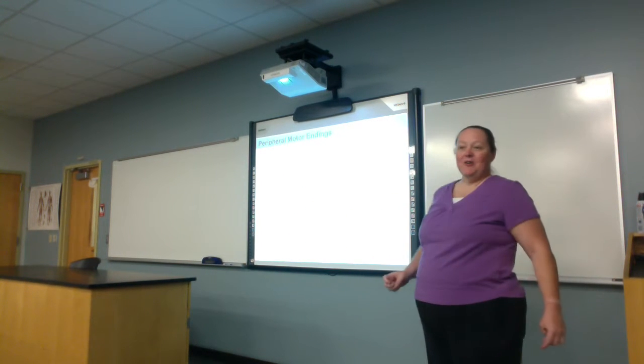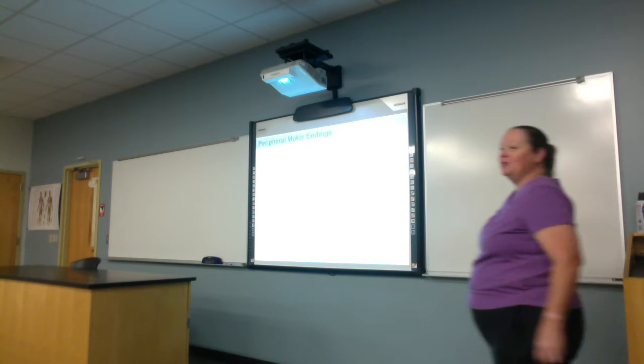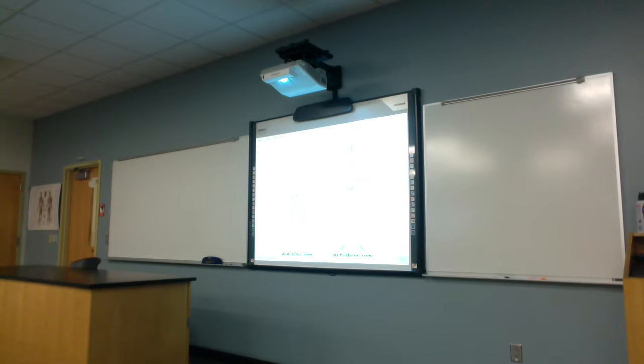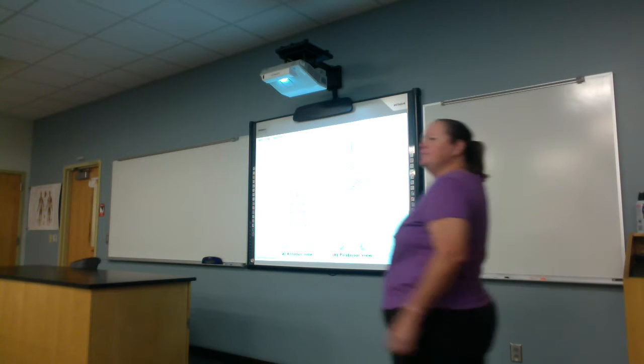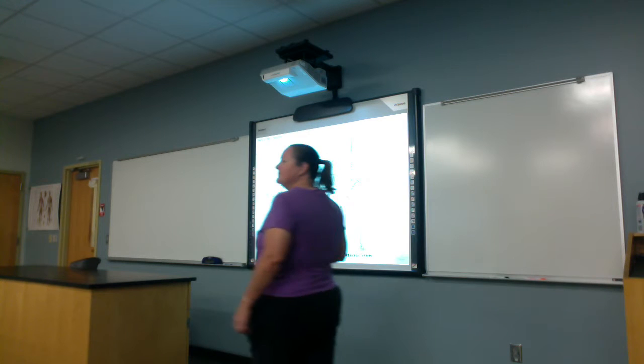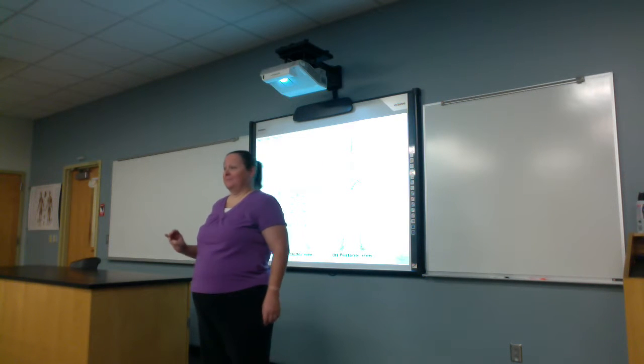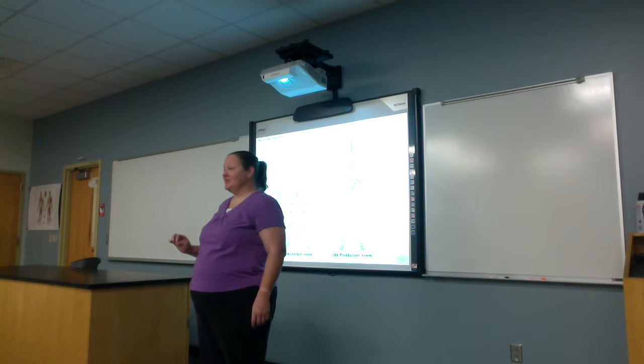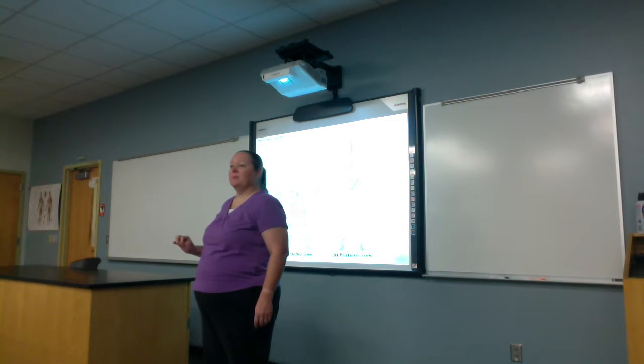All right, so today we pick up at peripheral nerve endings, peripheral motor endings. We had done the dermatomes. What's important about the dermatome? What is a dermatome? What does it represent?